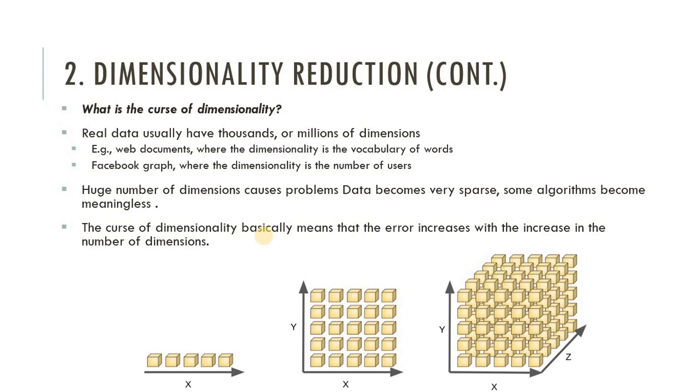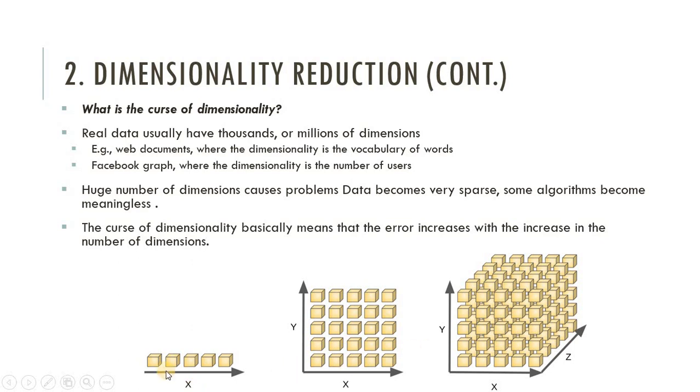As shown in the figure, this is one dimensional data, this is two dimensional data, and this is three dimensional data. In one dimensional data, if we want to select a data point, then we can easily select it based on the x-axis, by choosing that one dimension.